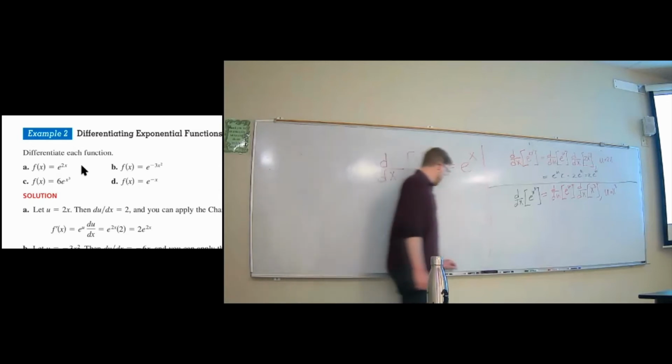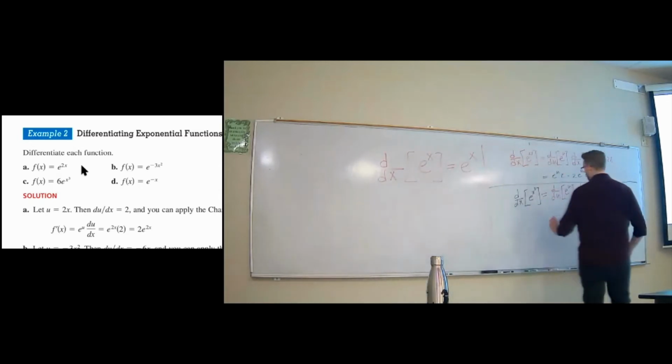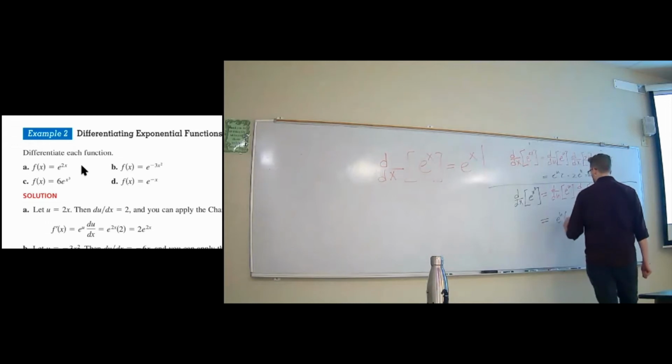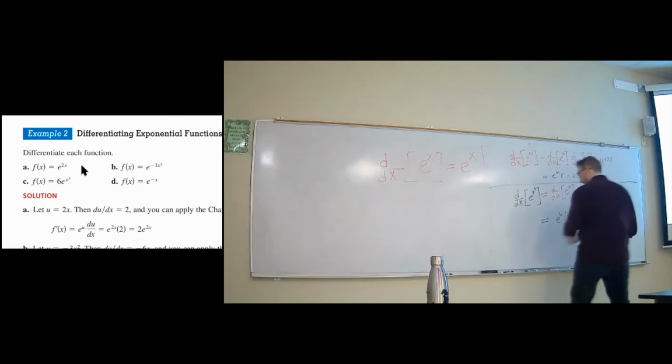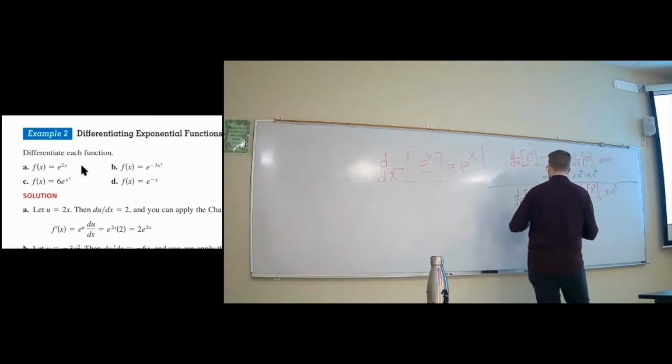So from here, we're going to get e to the u times 3x squared. My mistake, I forgot the 6 out front.